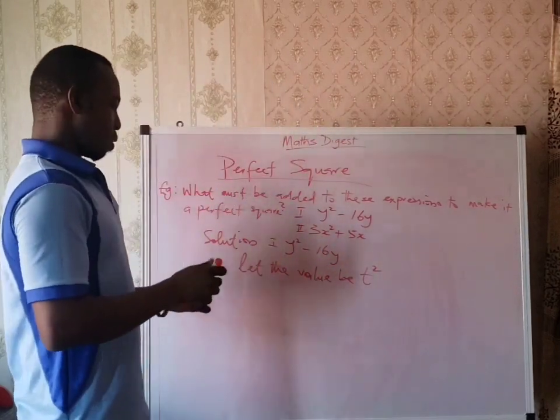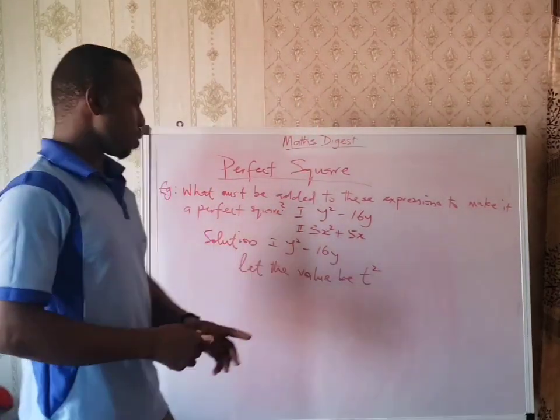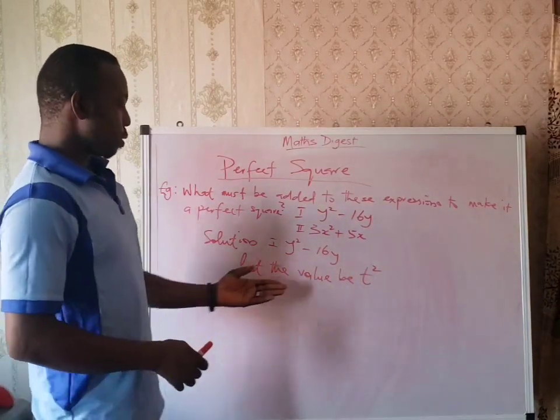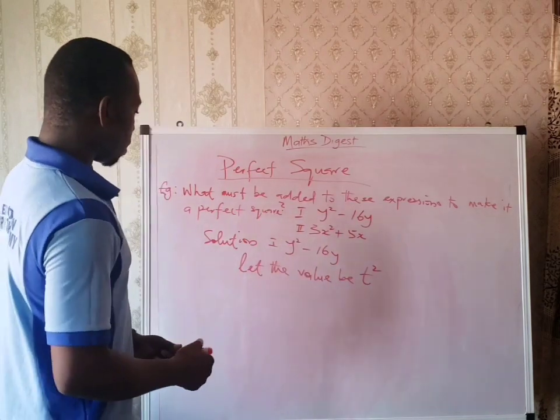Okay, because it's a perfect square. Whatever that is going to be here will make the expression to be a perfect square. So we say t squared. Okay, now let's go further.